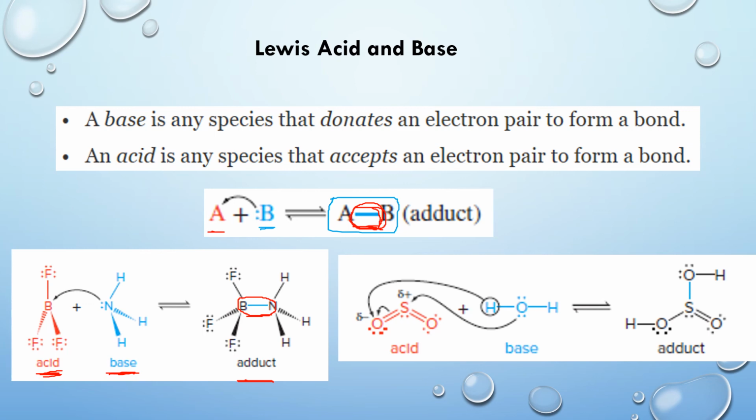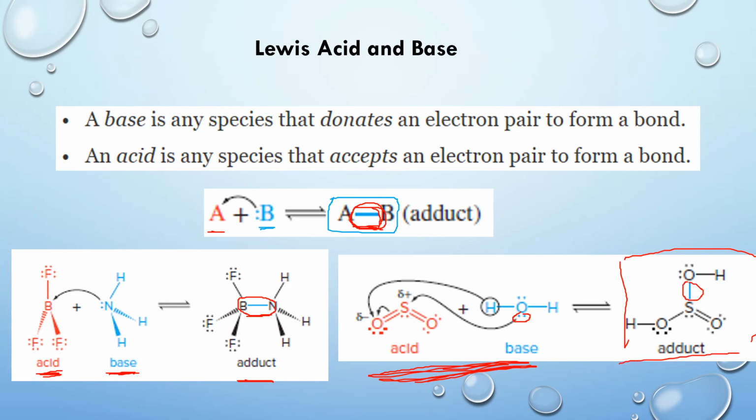When this molecule meets another molecule which has lone pairs of electrons, for example water, which has lone pairs on oxygen, they will react and form this product, which contains a newly formed sulfur oxygen bond.